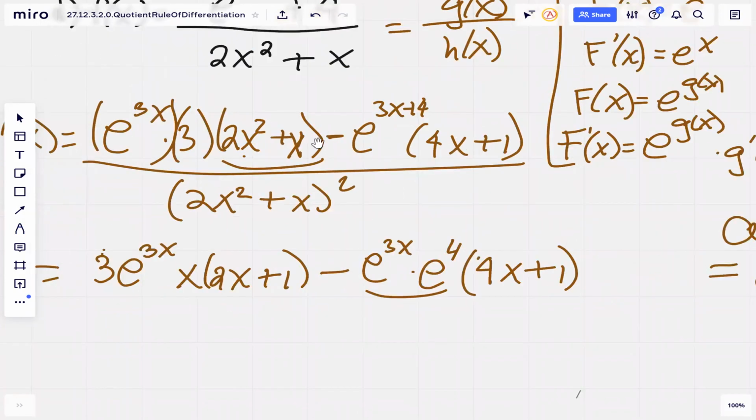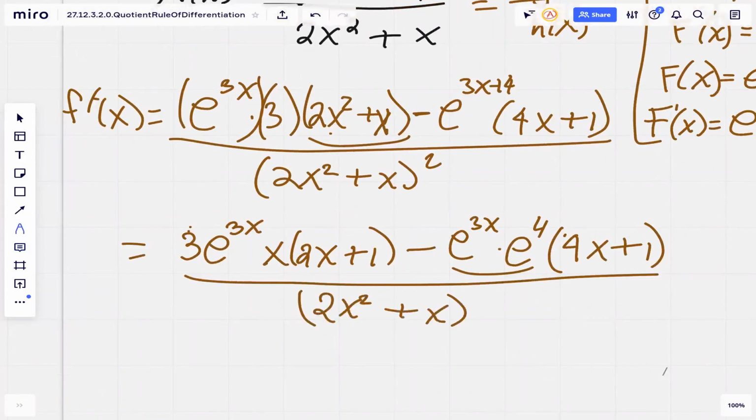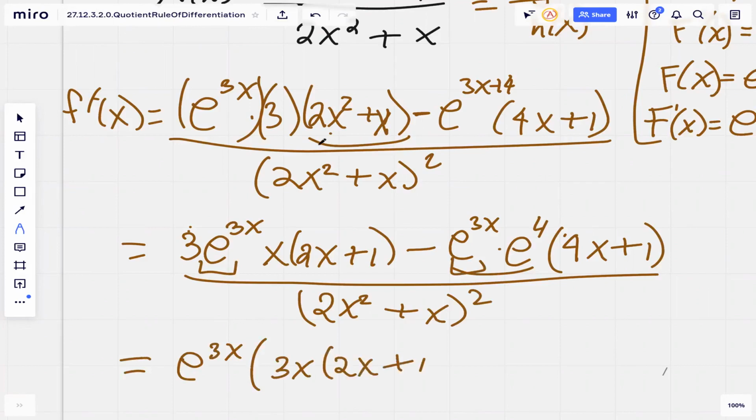Okay, so now all of this is over 2x squared plus x all squared. So now you can see this common factor of e to the power 3x. And we can factor that out. May or may not be worthwhile, but why not?